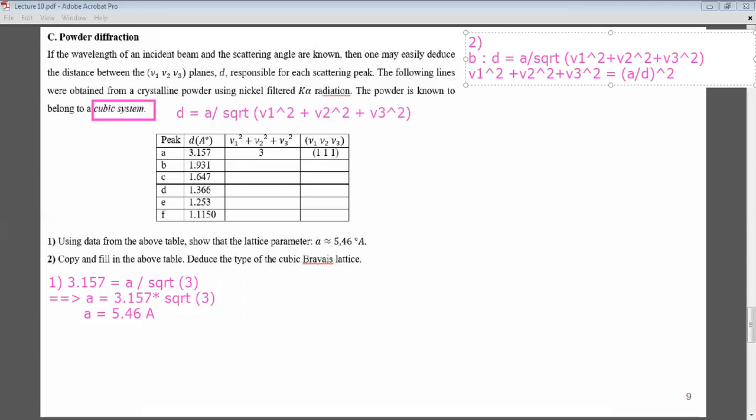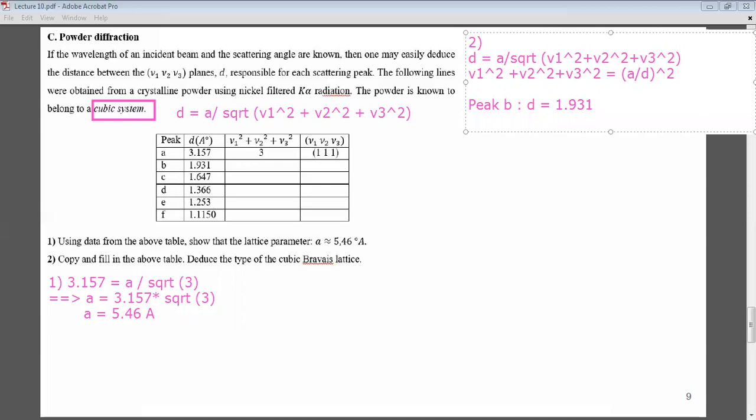Okay, so peak B, this is the formula. Now let's start. Peak B, I have D equal 1.931, which implies V1 square plus V2 square plus V3 square is equal to A, which is 5.46, divided by 1.931, and we square the whole thing.